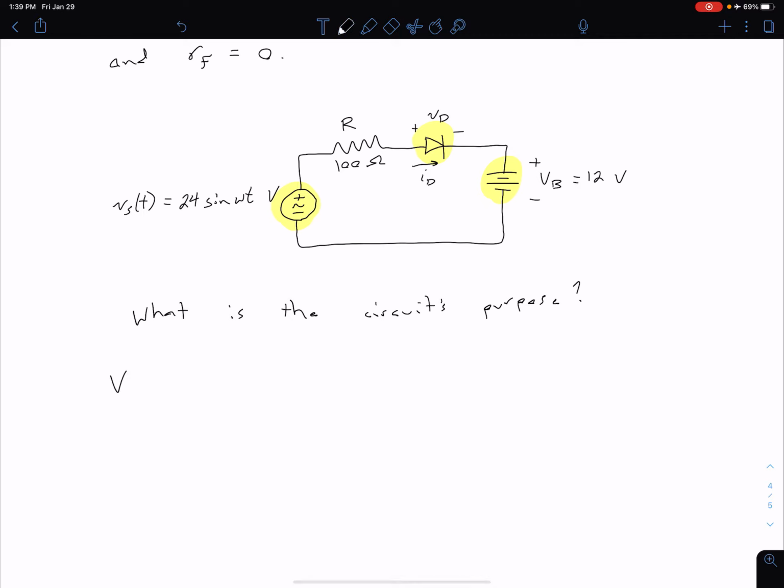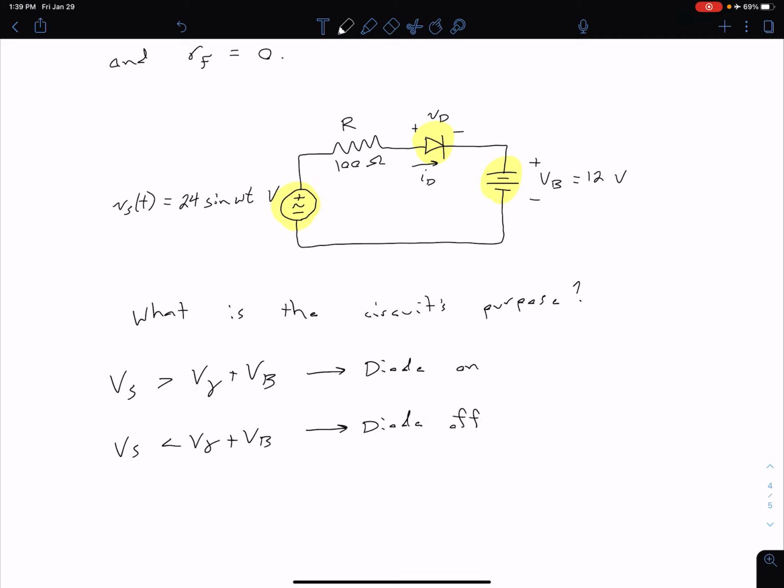When Vs is greater than V gamma plus Vb, our diode is on, it's allowing current to flow, and our battery is charging. If Vs is below that value, V gamma plus Vb, our diode is off and our battery is not charging. It has zero current running through it.